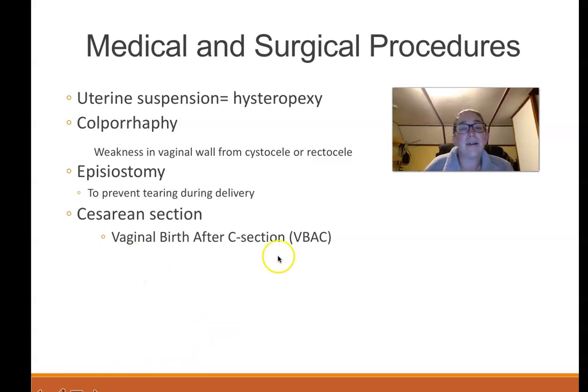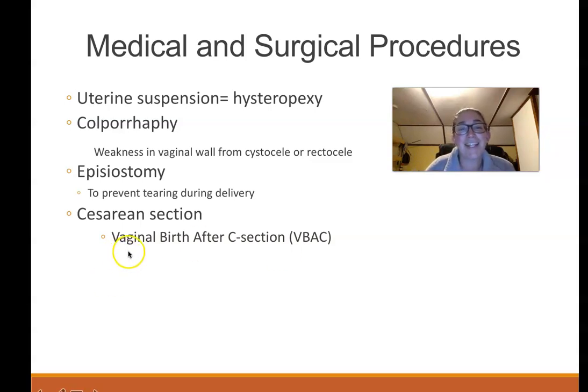After having a C-section, if you want to do a vaginal birth after C-section, there is a slight risk of your uterus actually rupturing at that seam. And so some hospitals don't support it. I know the hospital in Saranac Lake is working really hard to.